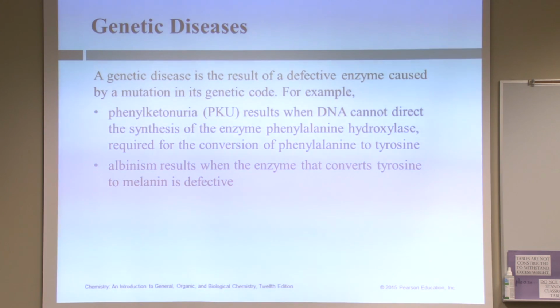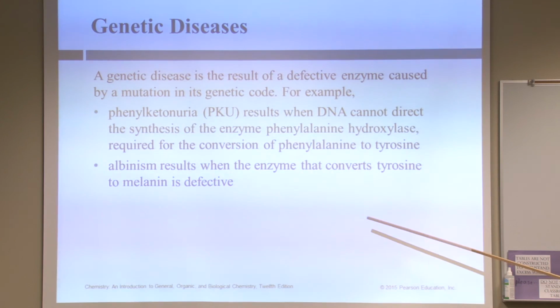There are two examples here. Albinism results when the enzyme that converts tyrosine to melanin is defective. And phenylketonuria results when DNA cannot direct the synthesis of the enzyme phenylalanine hydroxylase required for the conversion of phenylalanine to tyrosine.